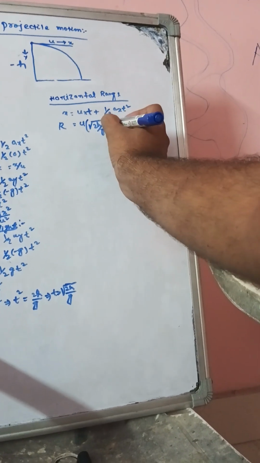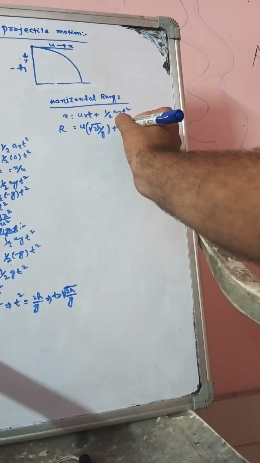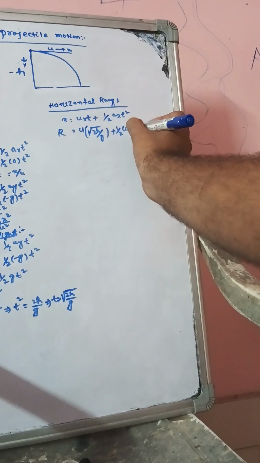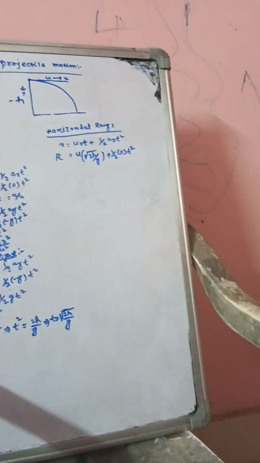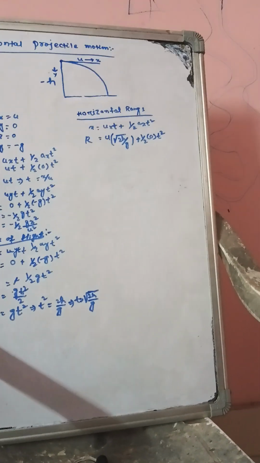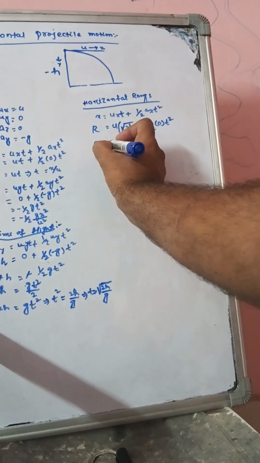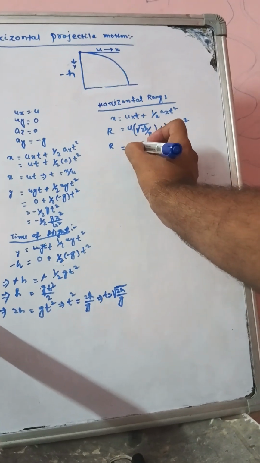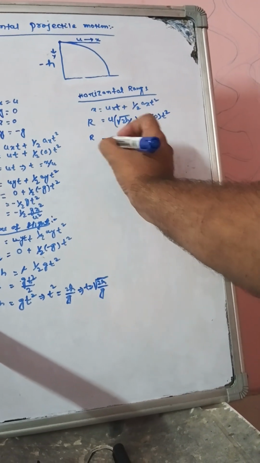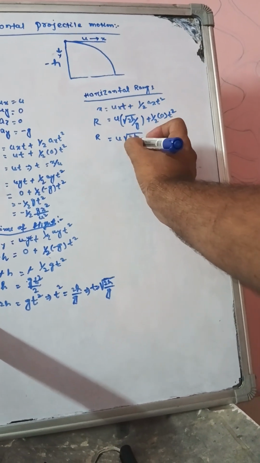Plus this will be 0, half into 0 into t square. When we multiply anything with 0, we know that will be 0. So, very important, R is equal to u into square root of 2h by g.